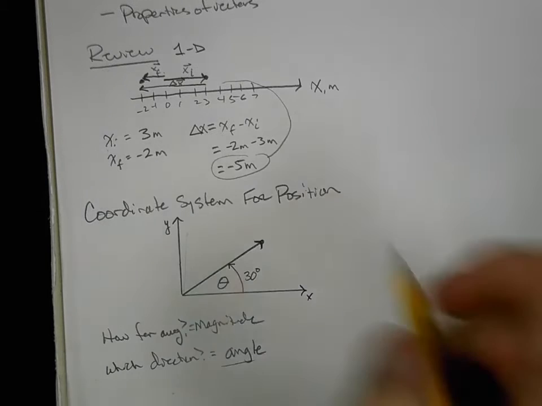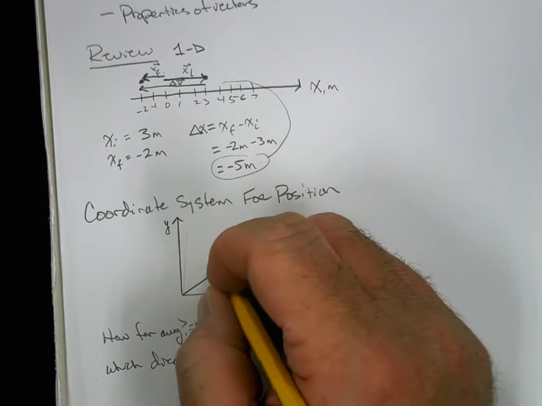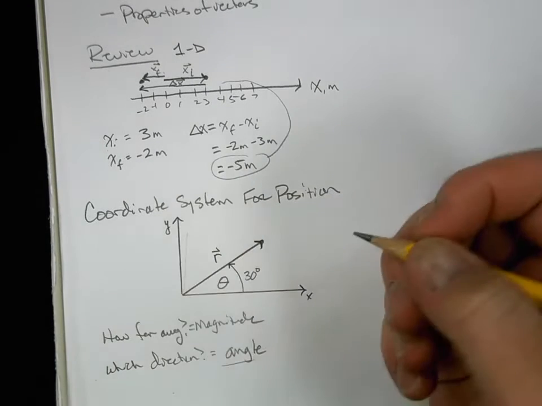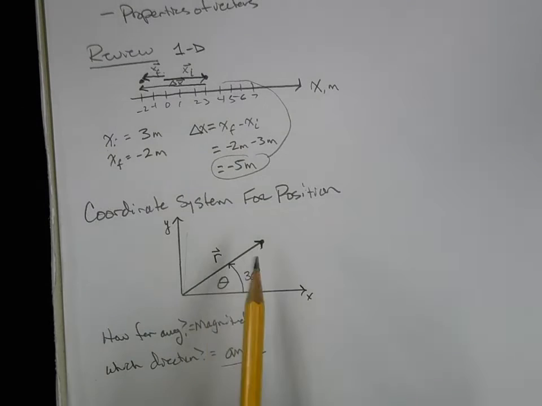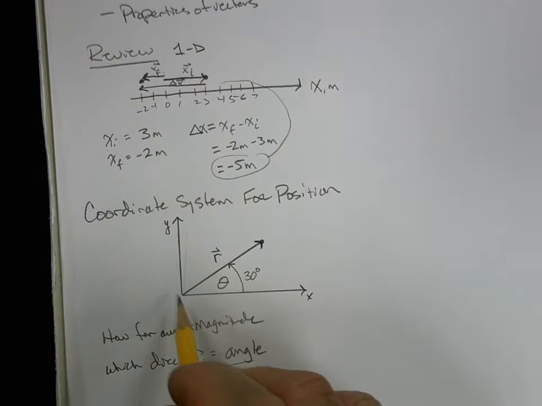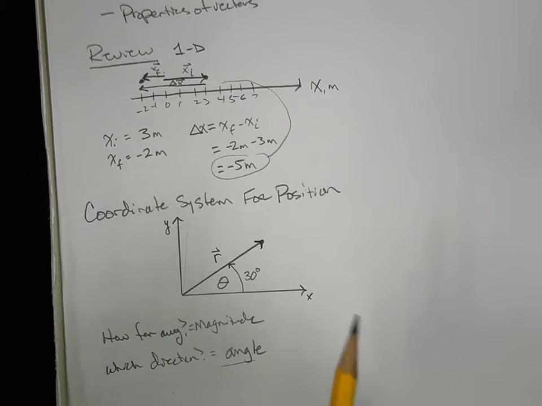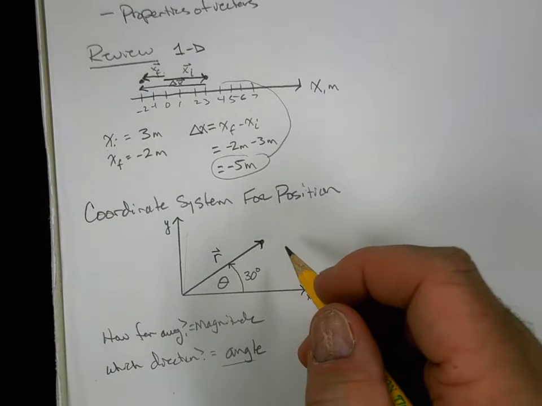Okay, we call this vector, the position vector of something, r. It does stand for radius, because we'll call that distance r, and everything with the distance r is going to be in a circle around the origin, so that's why we call that vector r. And what we have here is a polar coordinate.